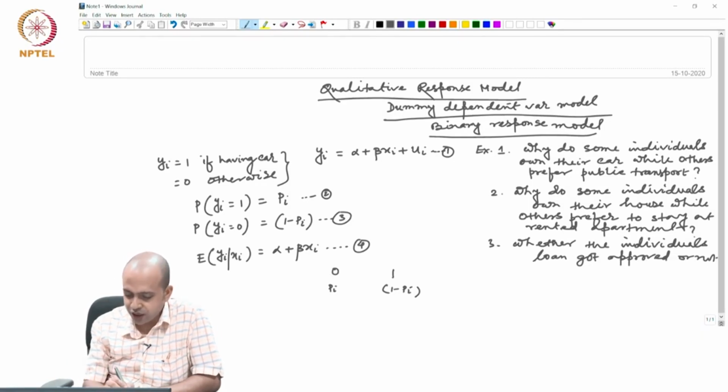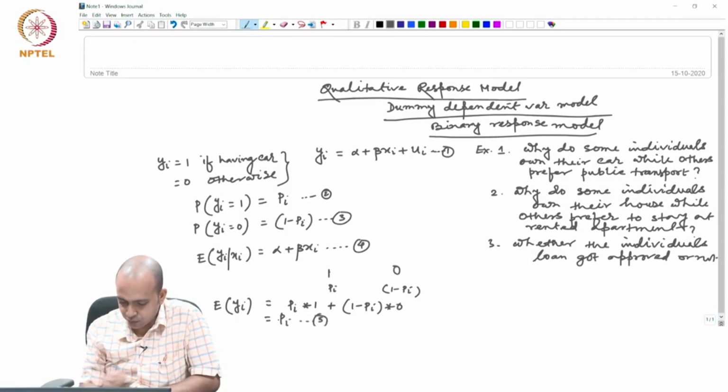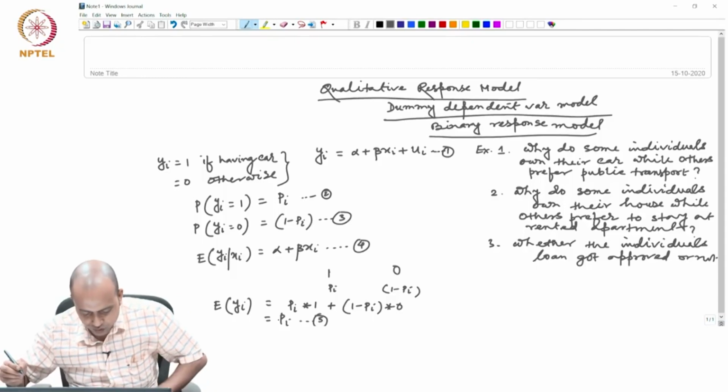So, expectation of yi from here, I can write: expectation of yi equals pi into 1 plus 1 minus pi into 0, which equals pi. Let us say this is equation 5.